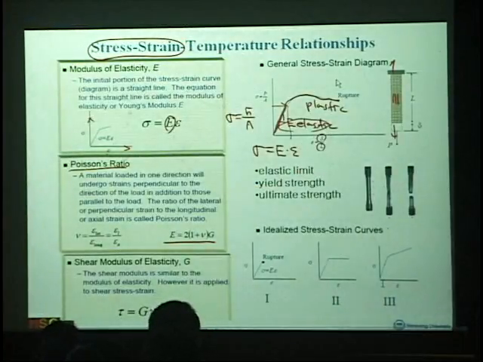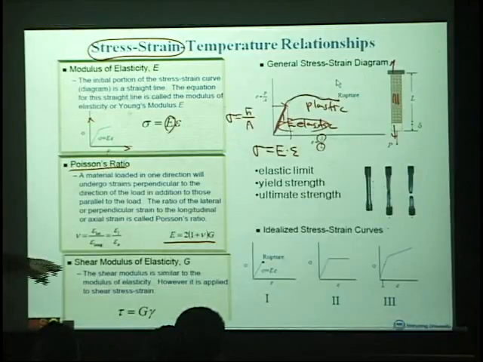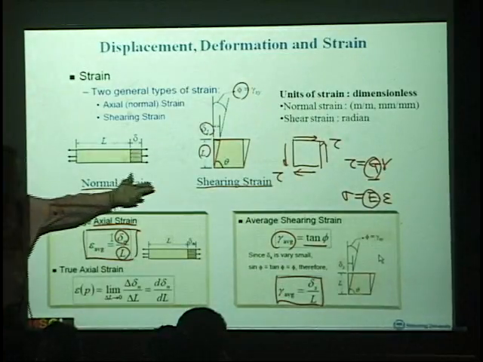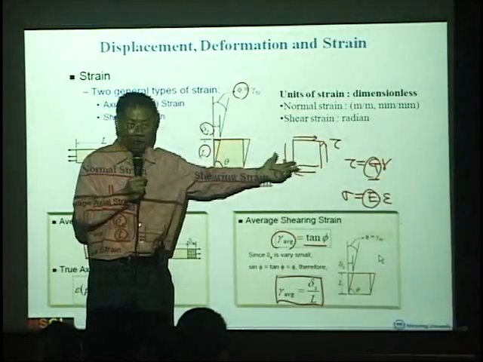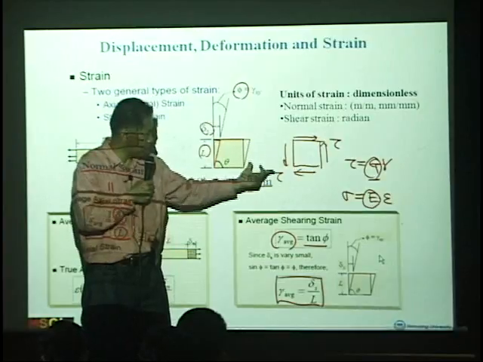just to remember that in solids, we have material properties: Young's modulus, Poisson's ratio, and CTE. Those are three material properties. And shear modulus, we will define later. We will define these shear strains and shear stress. Don't worry too much about definitions.